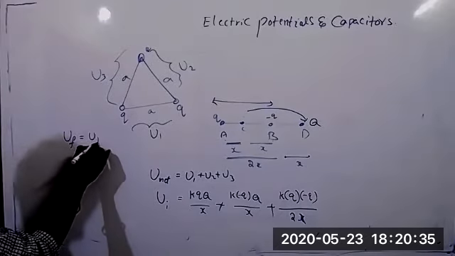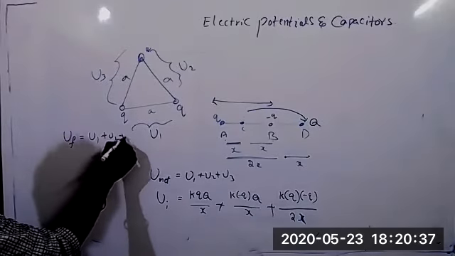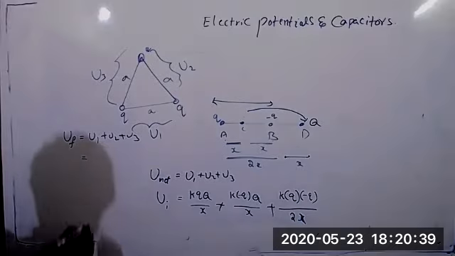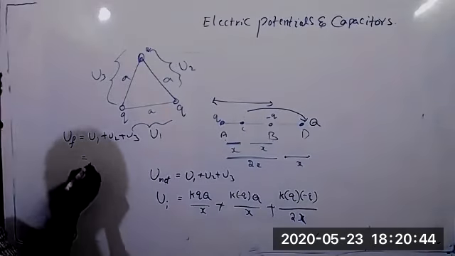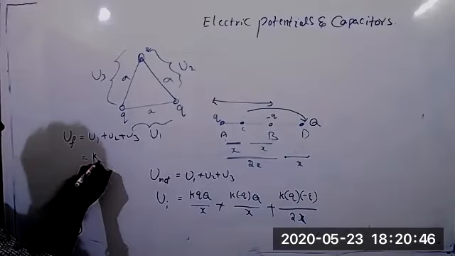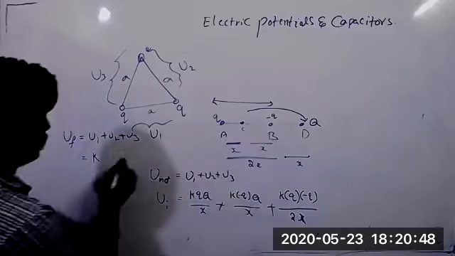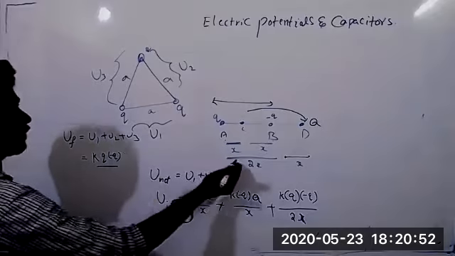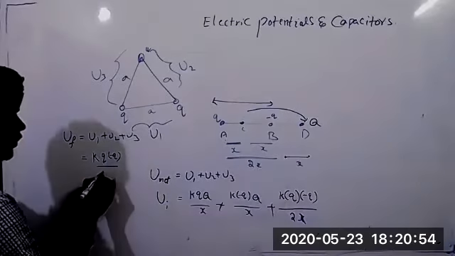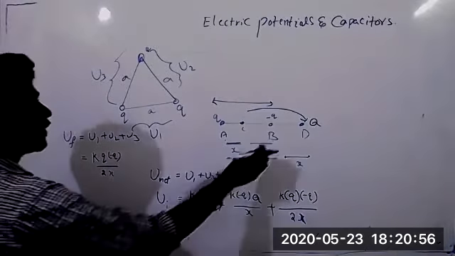U1 plus U2 plus U3. Am I correct? Yes, sir. Now how can we write it? K, between these two, Q into minus Q by 2X. After that, between these two will be there.